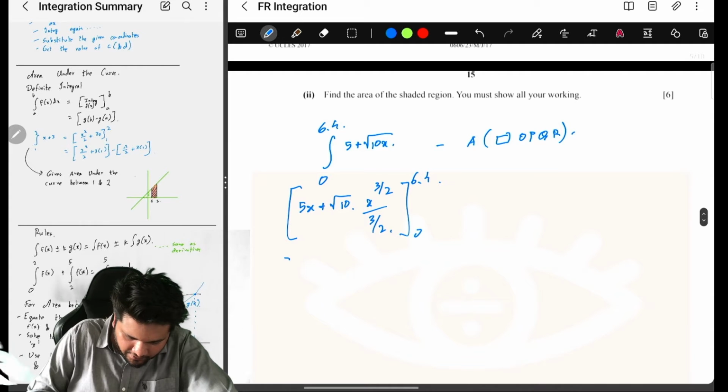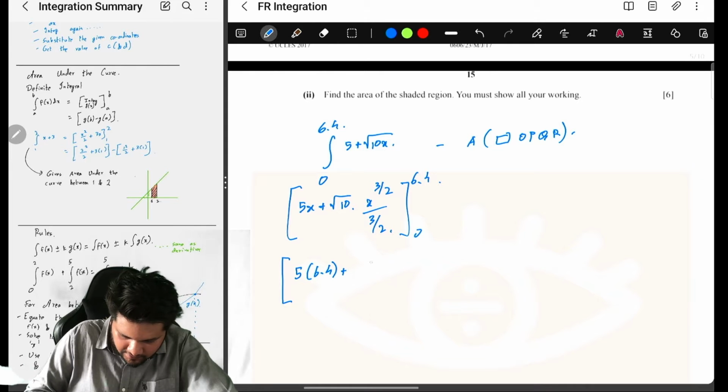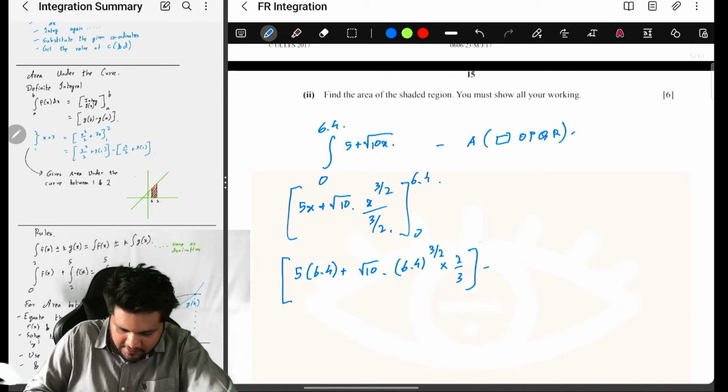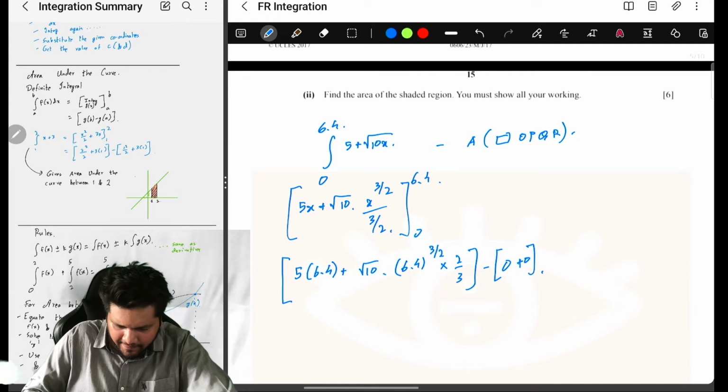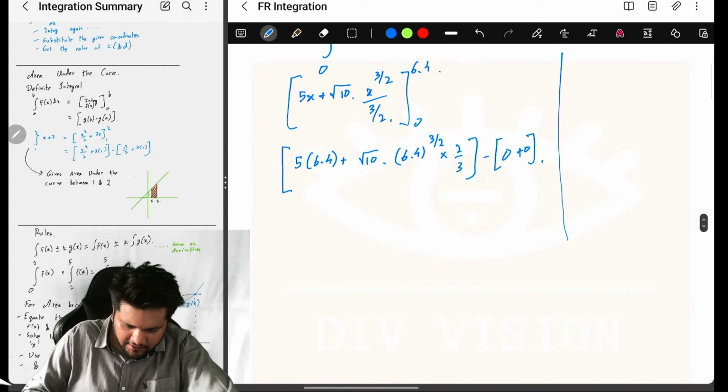So we'll get 5 times 6.4 plus root 10 times 6.4 to the power of 3 by 2 multiplied by 2 by 3, and then minus, since x is 0, it's going to be 0 here also, so 0 plus 0, at the end 0. That's going to be our integral's value.